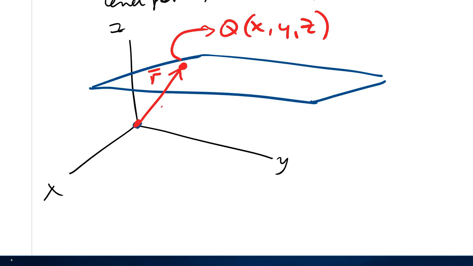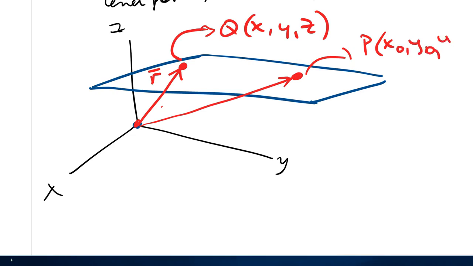And then r naught is another vector which ends on the plane, and that one is p, which is x naught, y naught, z naught. So this is r naught.